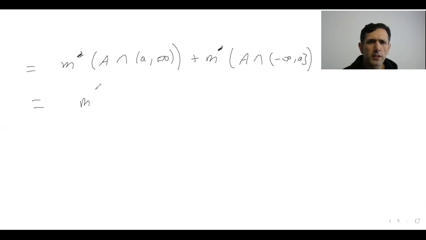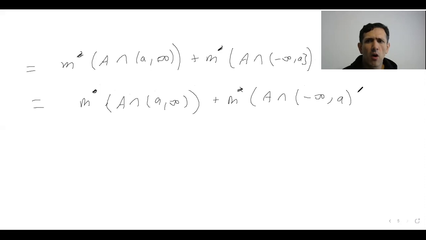So this doesn't change here, M star of A intersect a to infinity. But here I'm excising the point a to get A intersect minus infinity to a open, and it has the same outer measure.